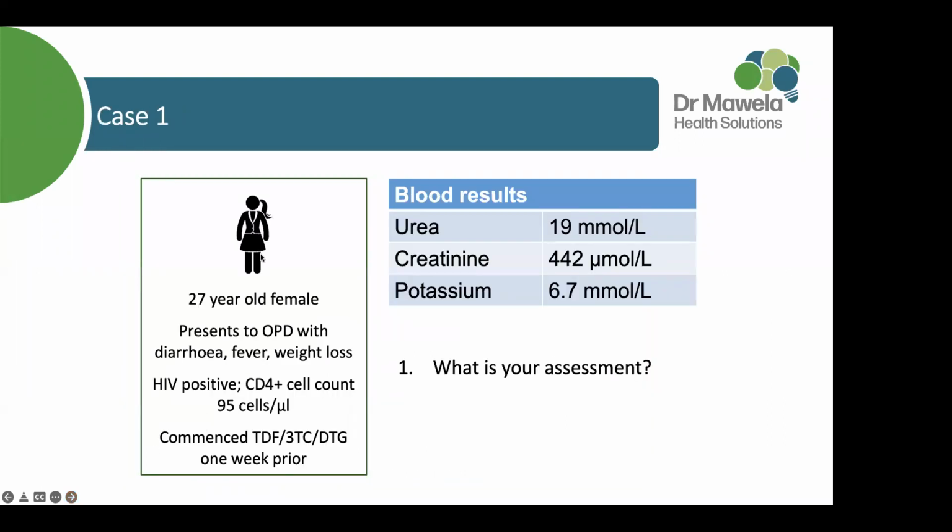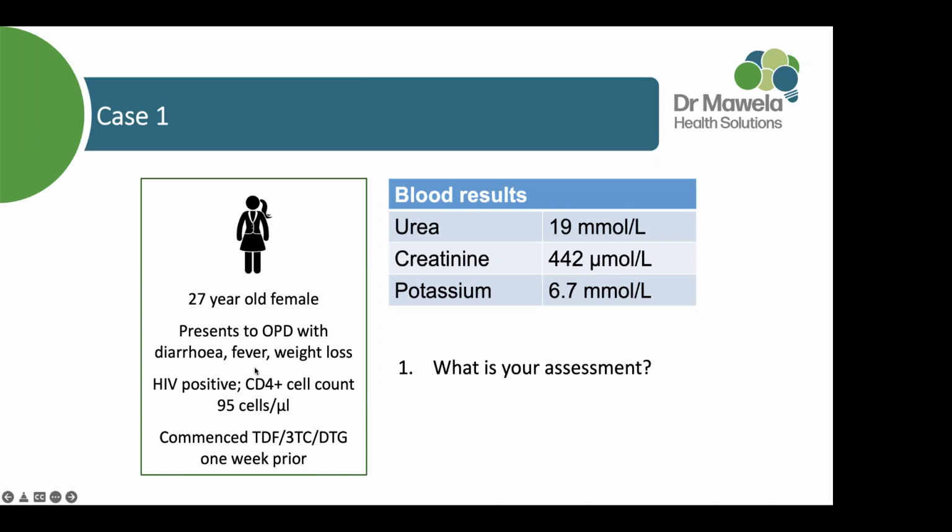One of the first questions I have for you: as you evaluate the 27-year-old female with diarrhea and fever, and how she is presenting, do you have any particular assessments? My question to you really is, looking at her blood results, she's got a urea of 19, that's from the UNE, a creatinine of 442, and a potassium of 6.7.